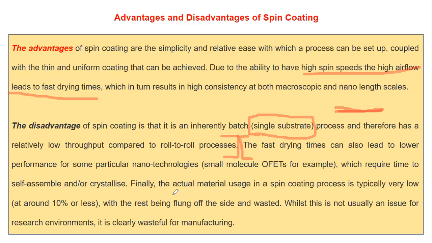And the final disadvantage is that the actual material usage in a spin coating process is typically very low, at around 10% or less, with the rest being flung off the side and wasted.